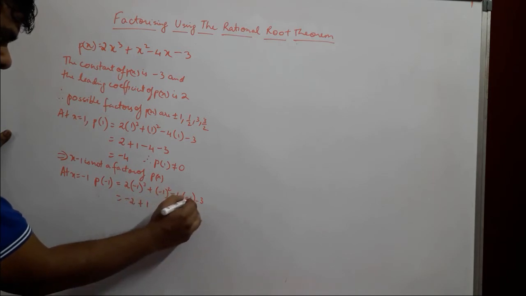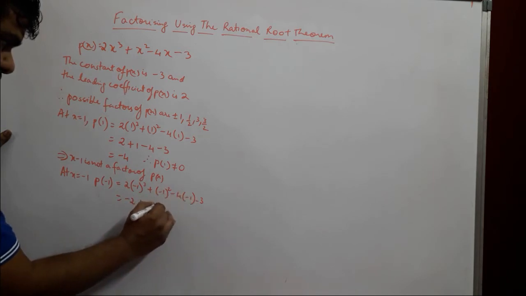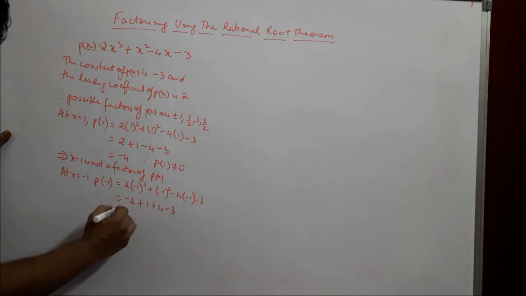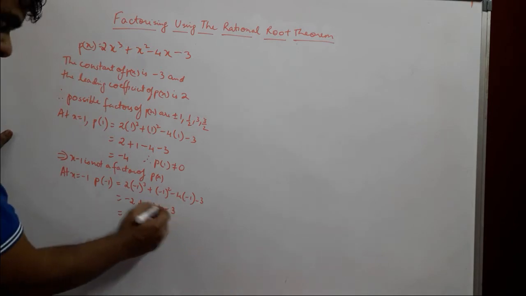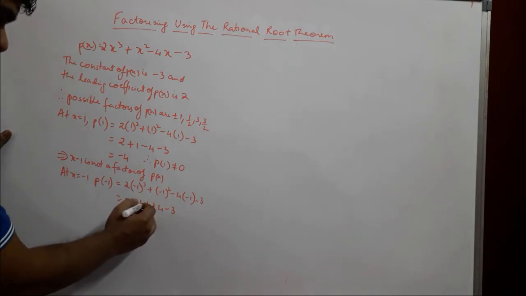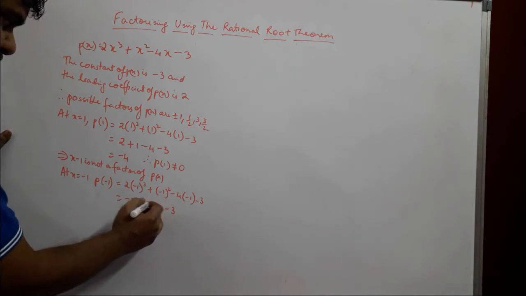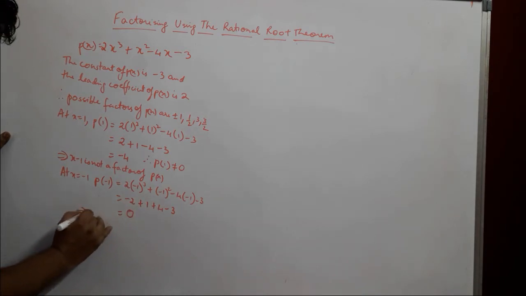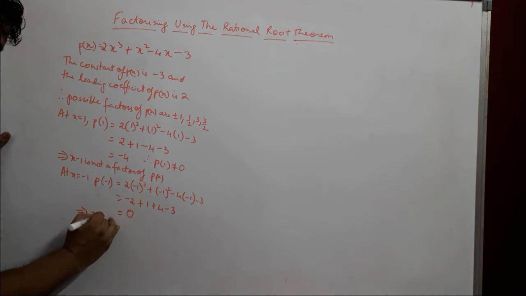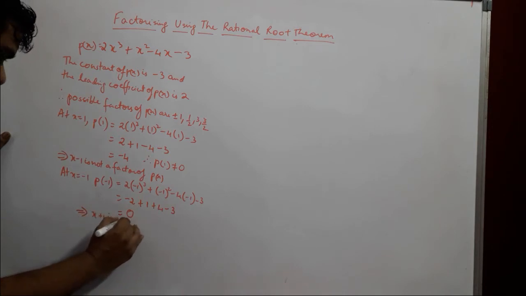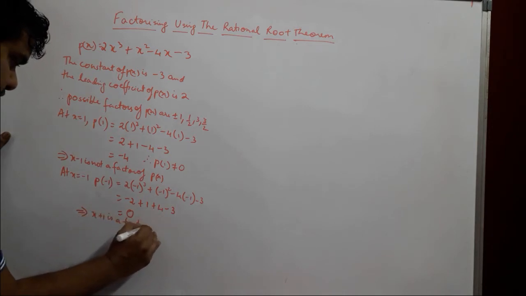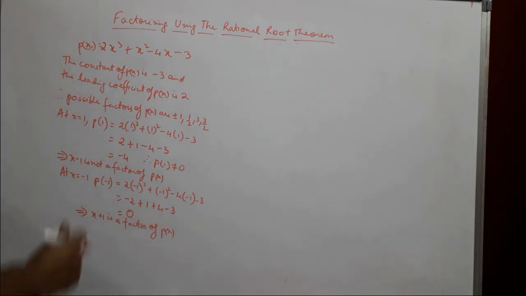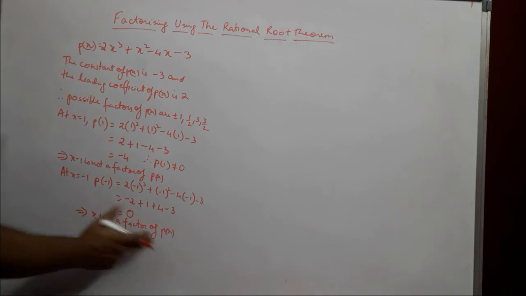Minus 4 into minus 1 gives us plus 4, and we are left with minus 3. So let's see what we get here. Minus 3 and minus 2 gives us minus 5, plus 1 and plus 4 gives us plus 5, plus 5 and minus 5 gives us 0. Now this implies that x plus 1 is a factor of p of x.